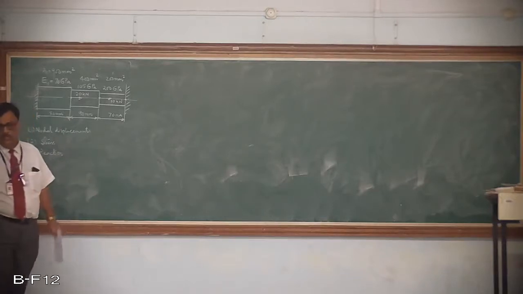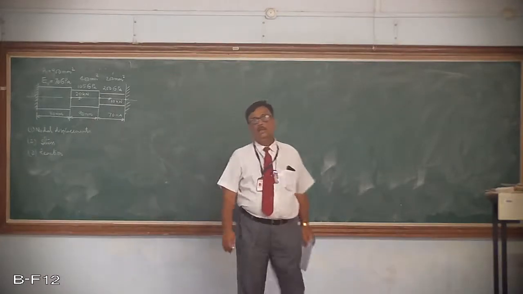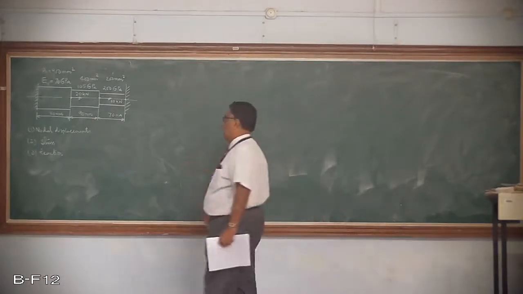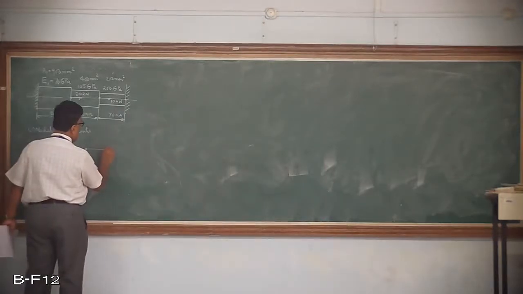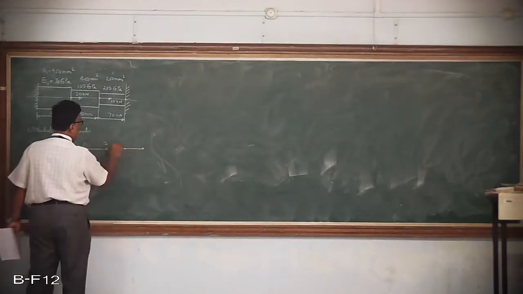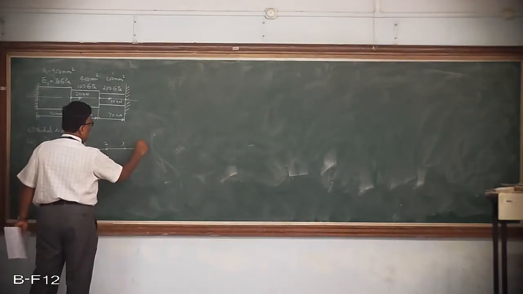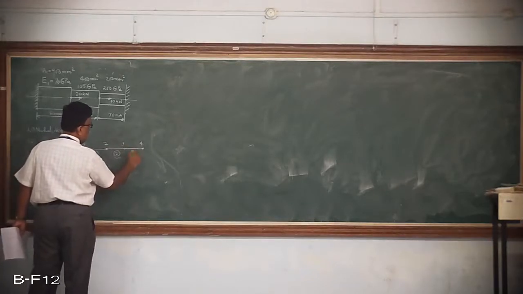To start with, we always have to write down the element stiffness matrix. First let us model this. Once we model this, this will be a three element member having four global nodes, 1, 2, 3, 4. This is the first element, second element, and the third element.